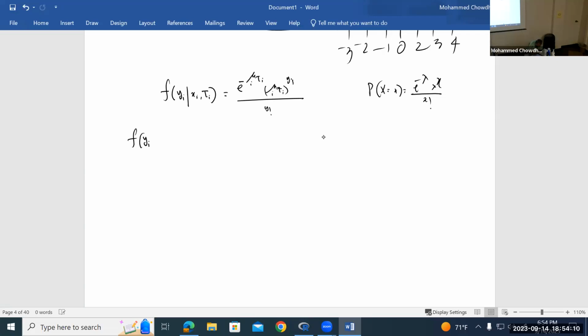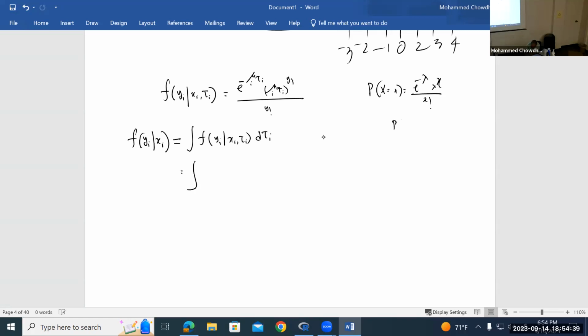The marginal distribution of y_i given x_i. If I want to find that, we have to integrate out tau_i: integrate f(y_i | x_i, tau_i) and then d tau_i.